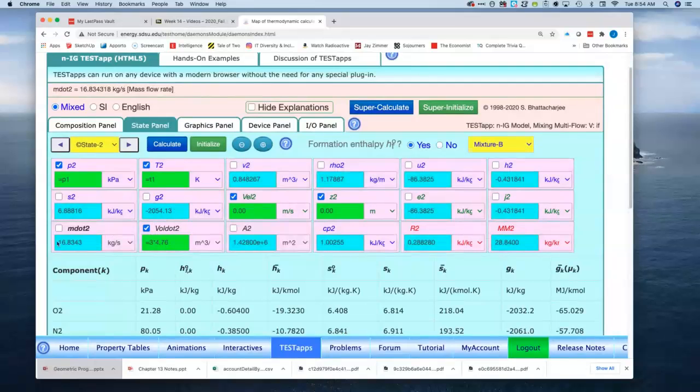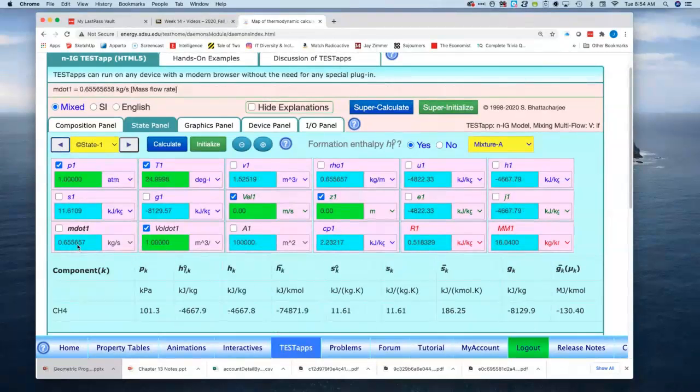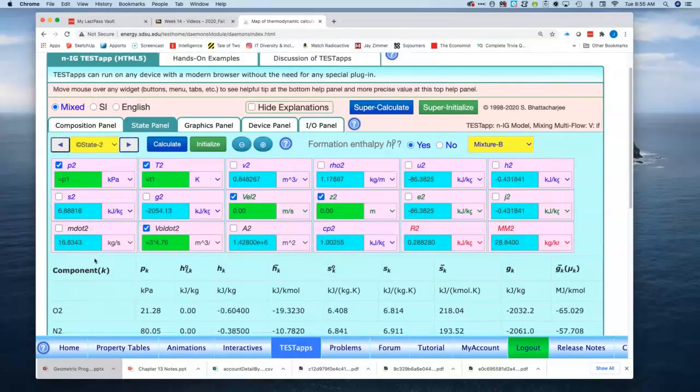And upon doing that, I then see that the MDOT is 16.83. If I compare that to the MDOT of the fuel, if I took the ratio, I would then get the fuel to air or the air to fuel on a mass basis. If I did it with the volumes, I would get it on a volume basis. And so now I have my mixture A and my mixture B in a consistent set of masses coming in.